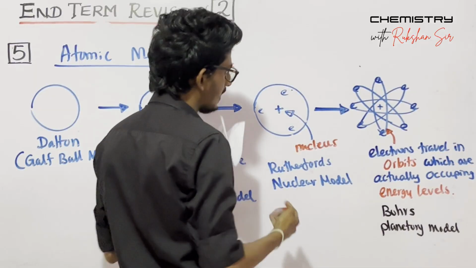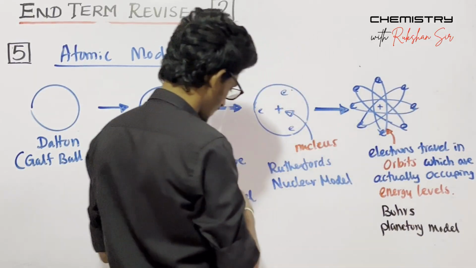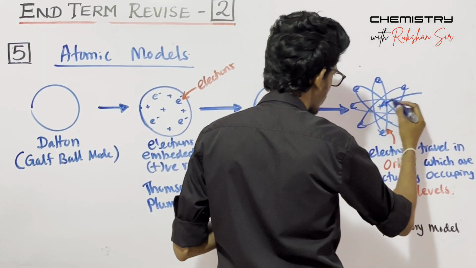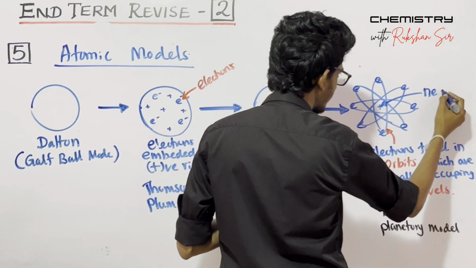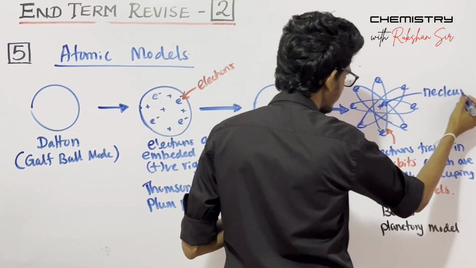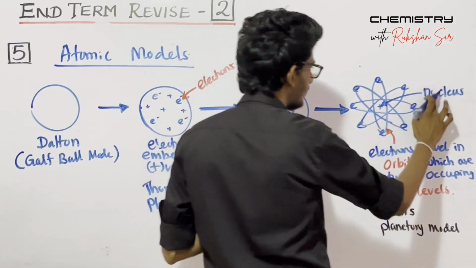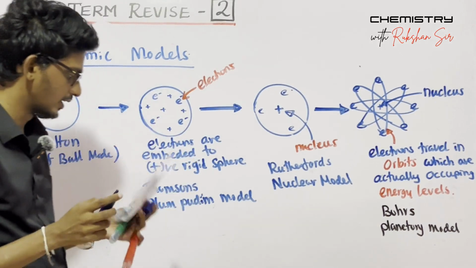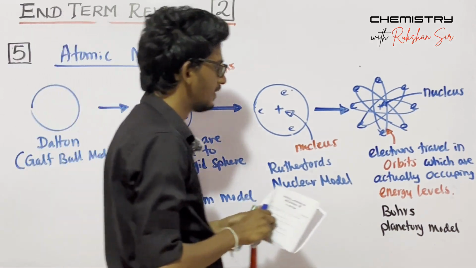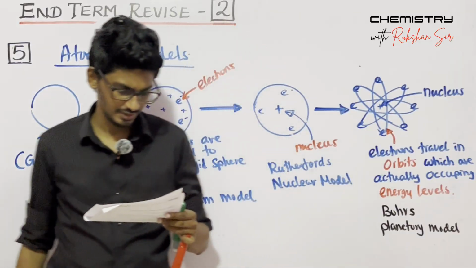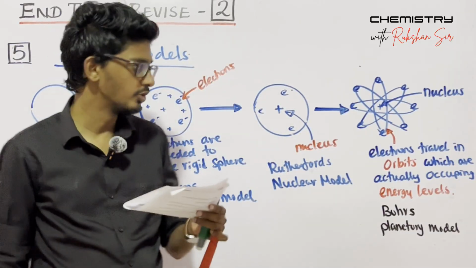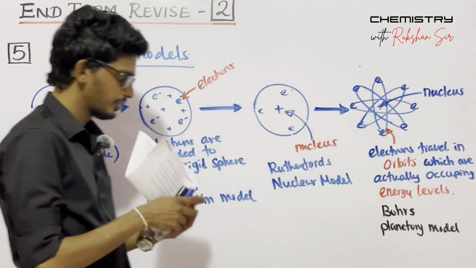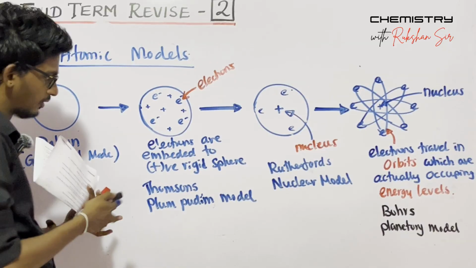The nucleus is still there, right? After Rutherford's model, with each and every model, you have the nucleus. So with the Bohr planetary model also, you have the nucleus. So the statement says Bohr atomic model is a nuclear model. Yes, it has the nucleus, right? So Bohr atomic model is a nuclear model.